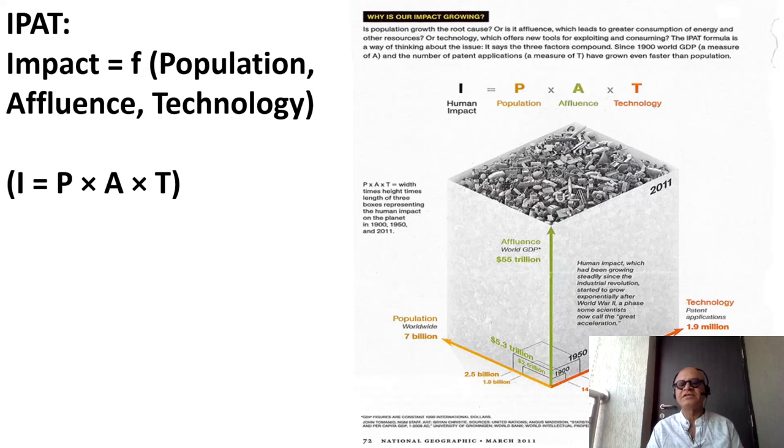You can think of it as per capita GDP, for example, which is directly related to consumption, which is directly related to emissions per person, and so on, and technology, which can accelerate the use of energy, like all the electronics, the travel, flying around, and so on.